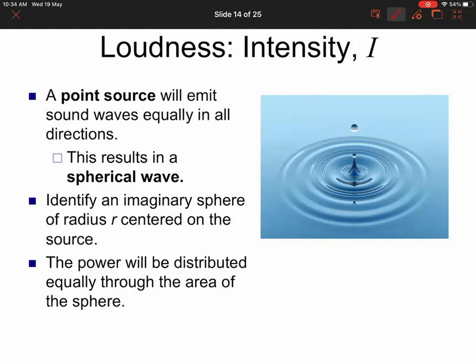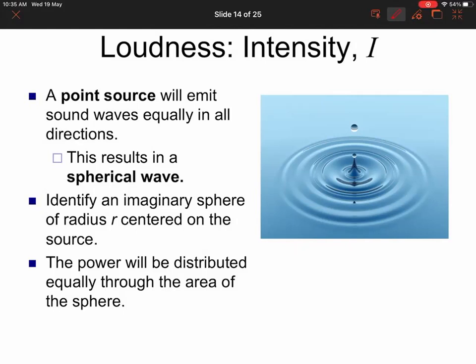So you have spheres propagating away from the source of sound. And the power, or the energy per time, will be distributed equally through the area of the sphere.